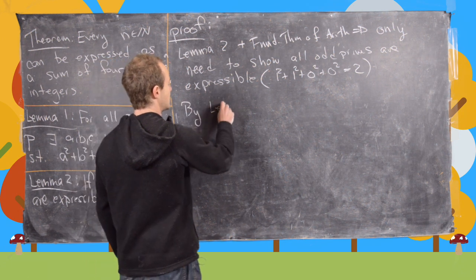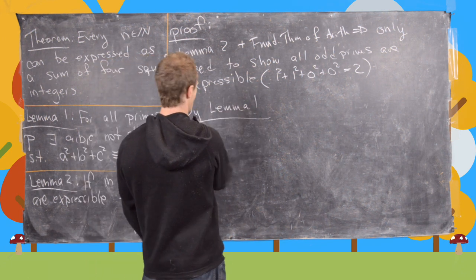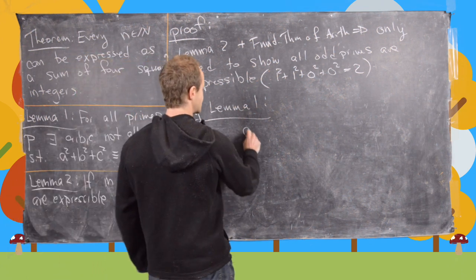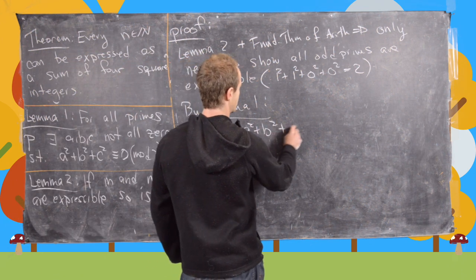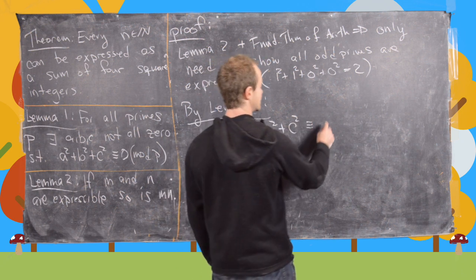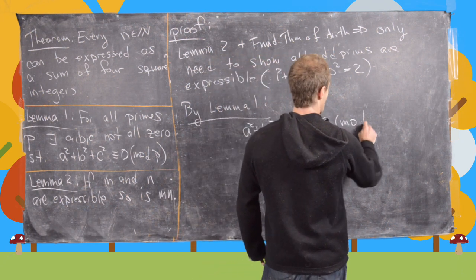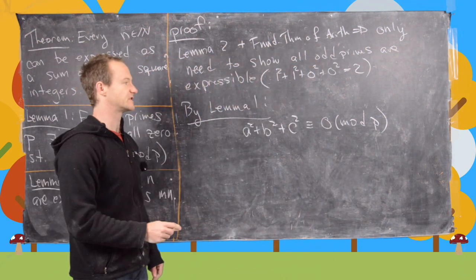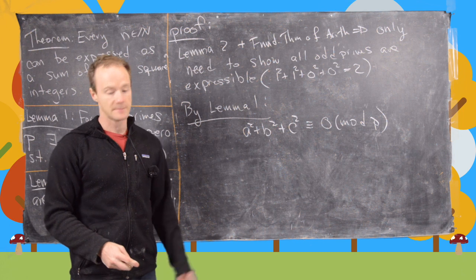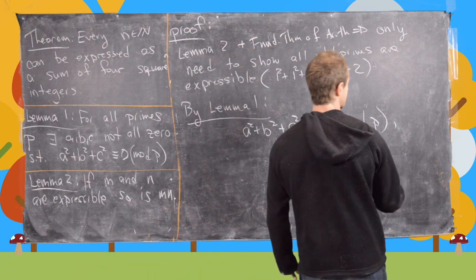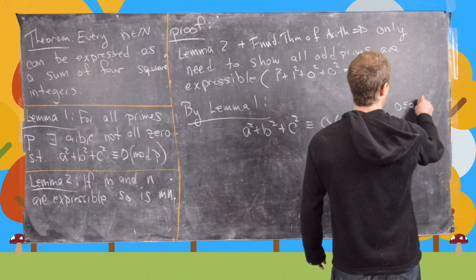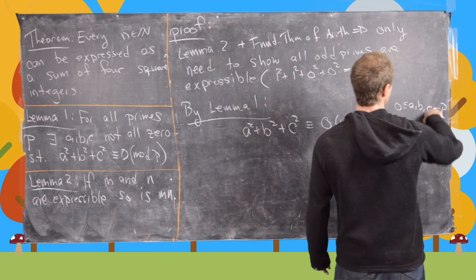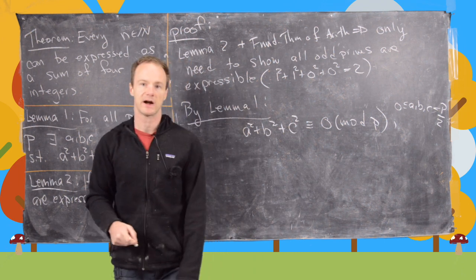Okay, so now the next thing that we'll do is use lemma 1. So by lemma 1, we can write a squared plus b squared plus c squared congruent to 0 mod p, where p was our odd prime that we're trying to show that this is true for. Another thing that we can do is take a, b, and c between 0 and p over 2, not including p over 2.